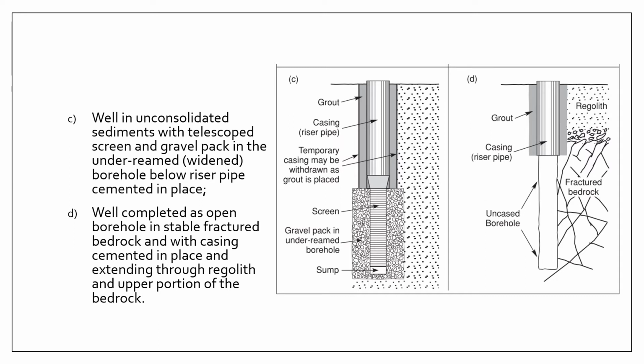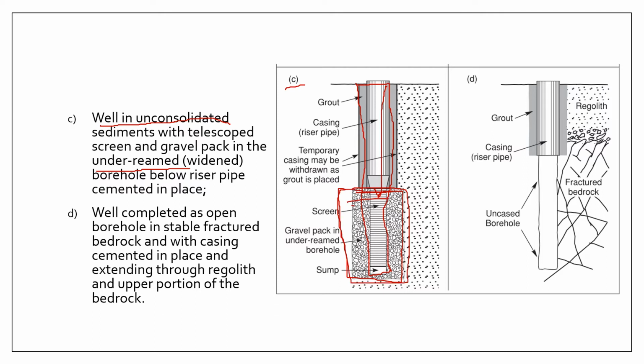All right. Now, again, we have two different diagrams showing different aquifer situations. The first diagram is showing a well in unconsolidated sediments that has used an under-reaming technology. Basically, under-reaming means you first drill a small hole, and then at the bottom of the hole, you deploy reaming equipment that will widen the hole from the bottom.